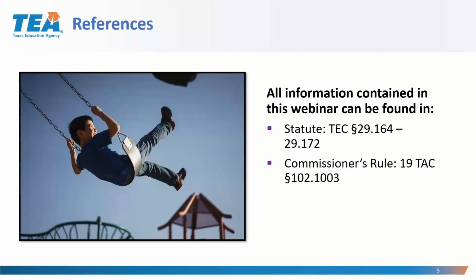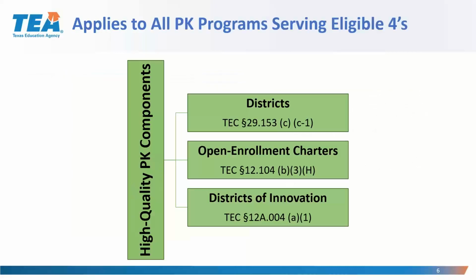All of the information contained today in this presentation comes from at least one of these references listed on this slide. Please note that the high-quality pre-kindergarten components are applicable to all programs, all districts, all open enrollment charters, and all districts of innovation if they serve eligible 4-year-olds using foundation school program funding.